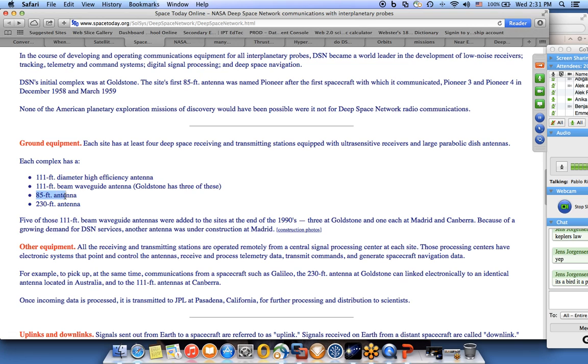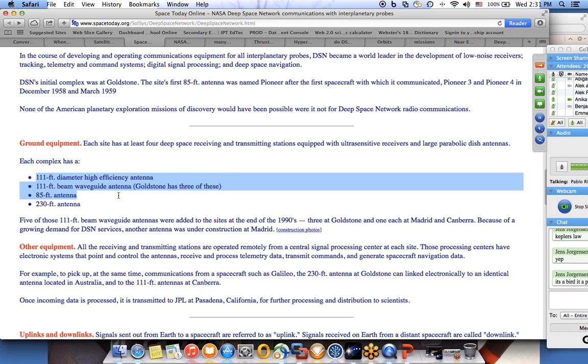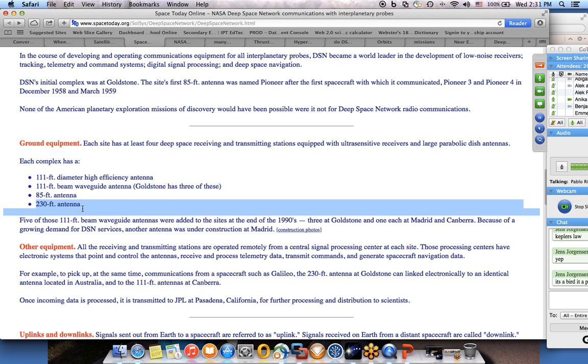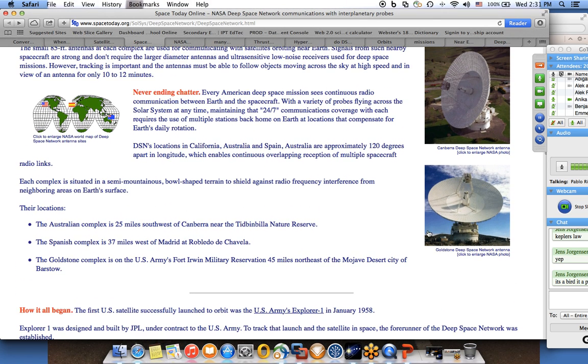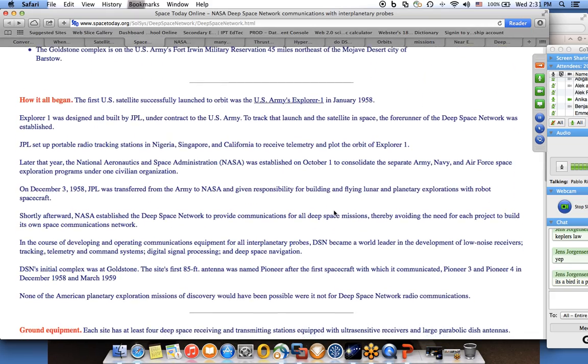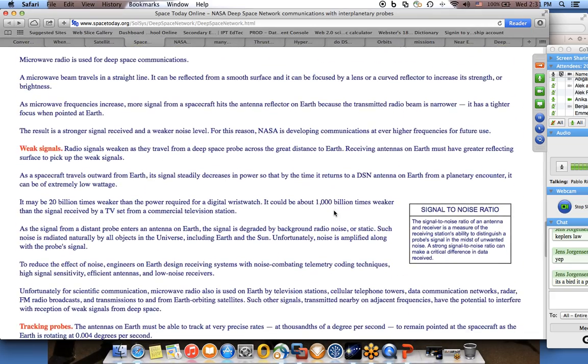The 85-foot antennas are for the low orbit satellites. These ones are for a little bit farther. And then there's a 230-foot antenna. This is the biggest antenna, and it is used to communicate with Voyager and those probes that are beyond Mars and so on.